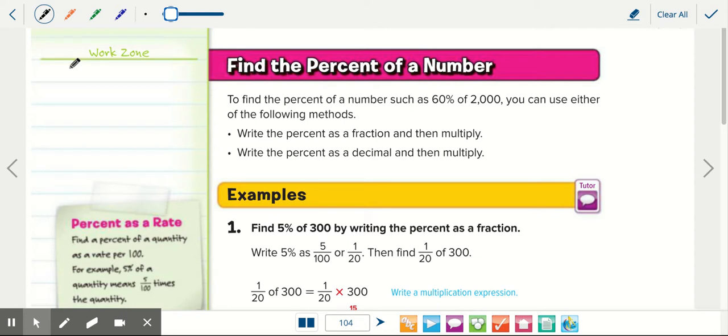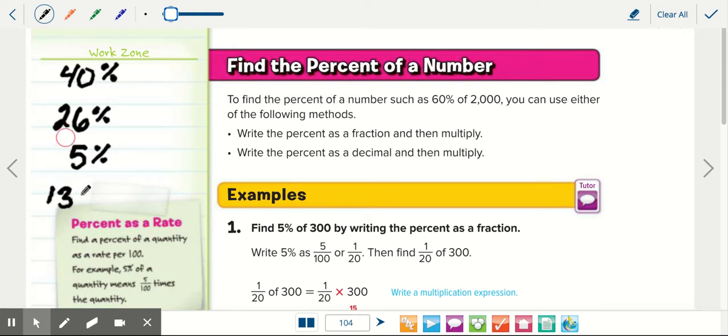If I have, let's say, 40%, let's say I have 26%, let's say I have 5%, and last but not least, let's say I have 132%. I need to know, how do I change all of these to decimals? And so what we should know is that we can do it one of two ways. It depends on how comfortable we are with this.